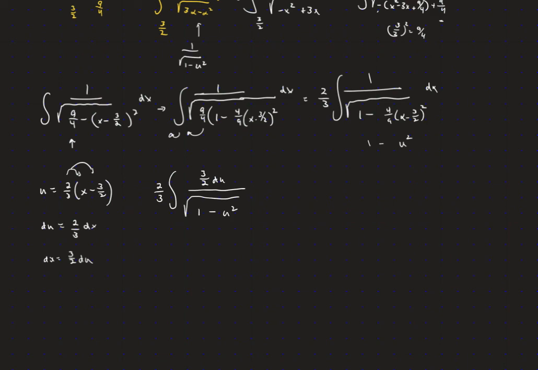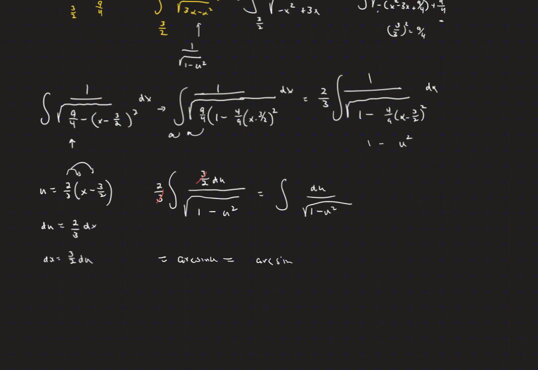So we can see that our 3/2 and 2/3 are going to cancel, and so we get an integral that we wanted, which was du over the square root of 1 minus u squared. So we know this is going to give us our arc sine of u, and we're going to go back to our values of x.